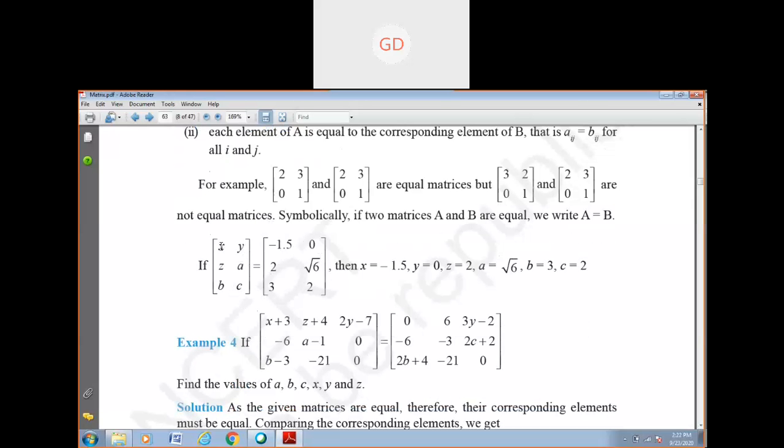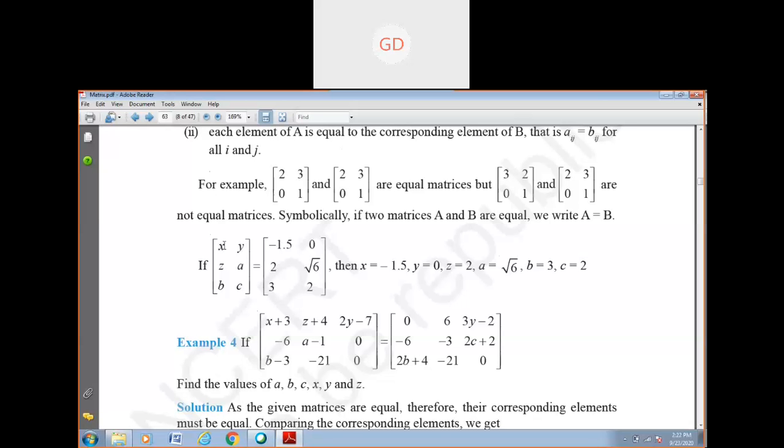In the A11 position, x is here, and in its corresponding position, minus 1.5 is here. That means corresponding elements are the same in equal matrices. So since these two matrices are equal, by definition of equality, corresponding elements are equal.